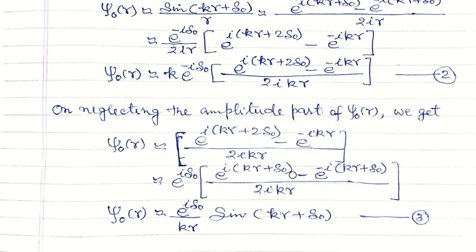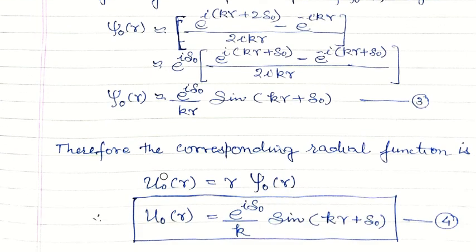Again this value, the numerator divided by twice iota, is sin(kr plus delta_0). So finally we get psi_0(r) is roughly equal to e to the power iota delta_0 upon kr into sin(kr plus delta_0).